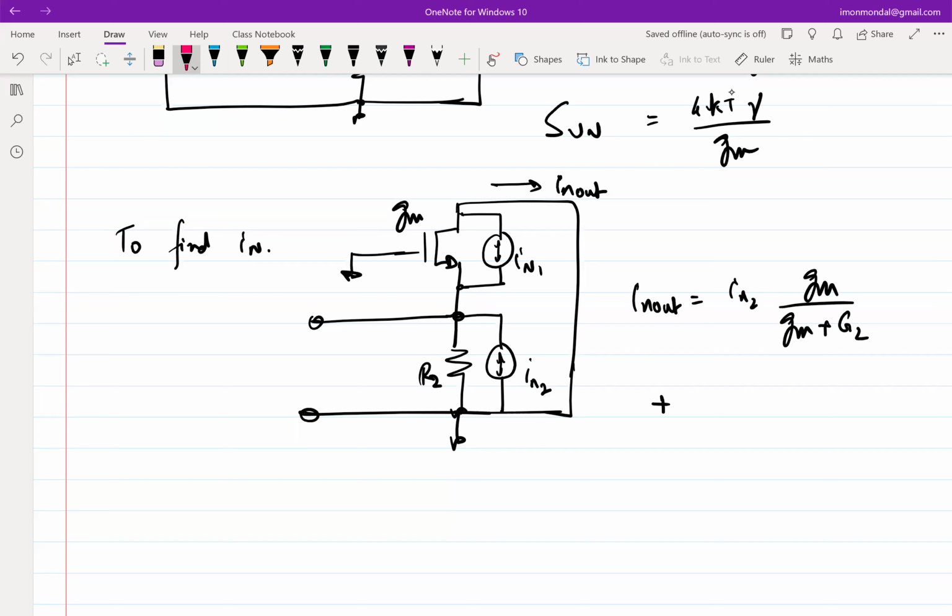So IN1 comes, let's say I again come to this junction. IN1 comes here. One part goes this side, one part goes down. The one that is going up will contribute to IN out, or the one that is going down will contribute to IN out. Okay, so let's come here. This guy goes up. Will it go to IN out or will it circle back in?